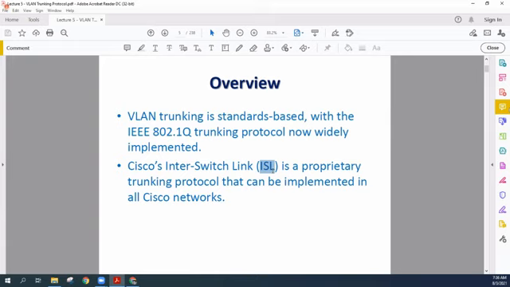They may address even hardware specific requirements with ISL, where IEEE might not be considered at that level, because IEEE has to focus on the common approach for trunking. Cisco can be specific. So once we get into the specific thing, the choices that we have to make are very limited. Here there are many choices.